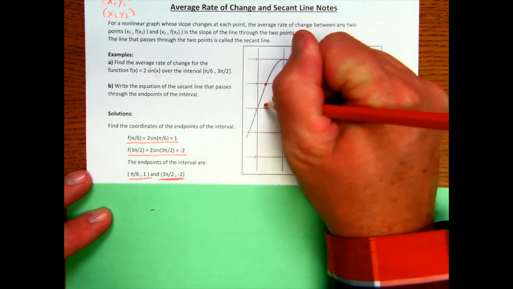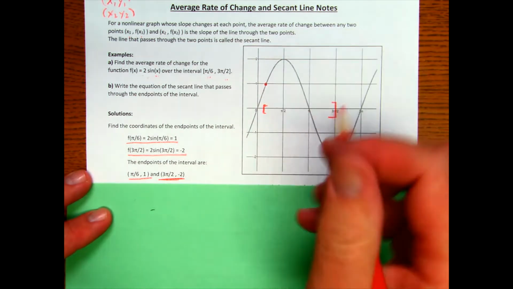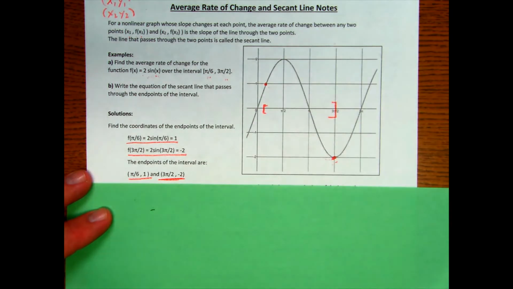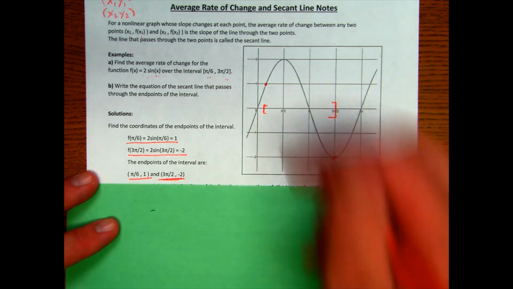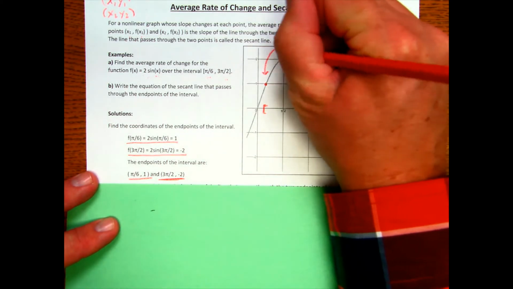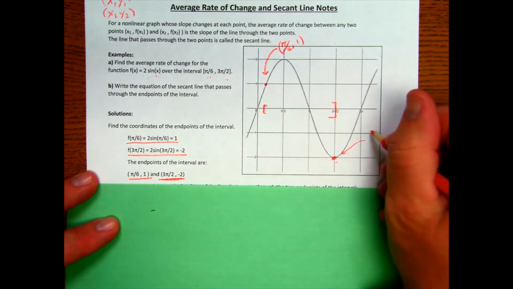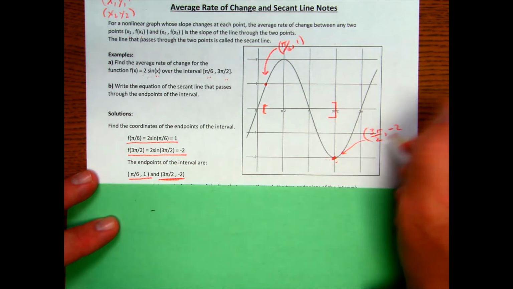So it looks like we can get a pretty good, accurate location on this graph for that point. So right there, that's the point pi over 6, comma 1. Right there, that's the point 3 pi over 2, comma negative 2.